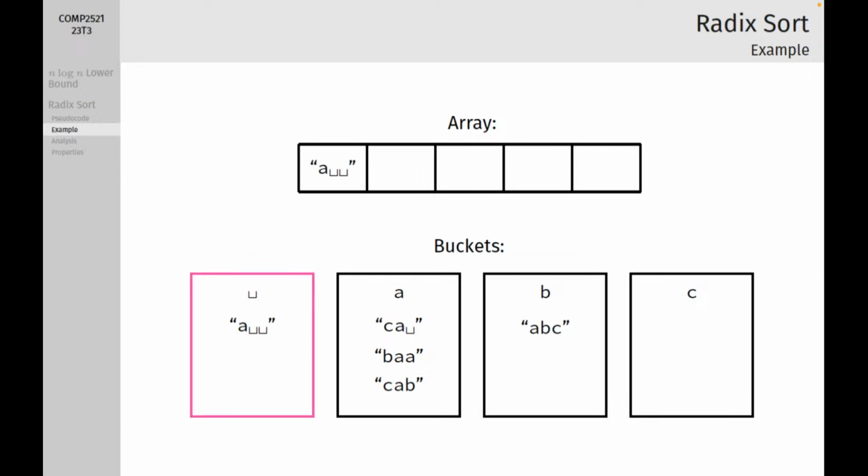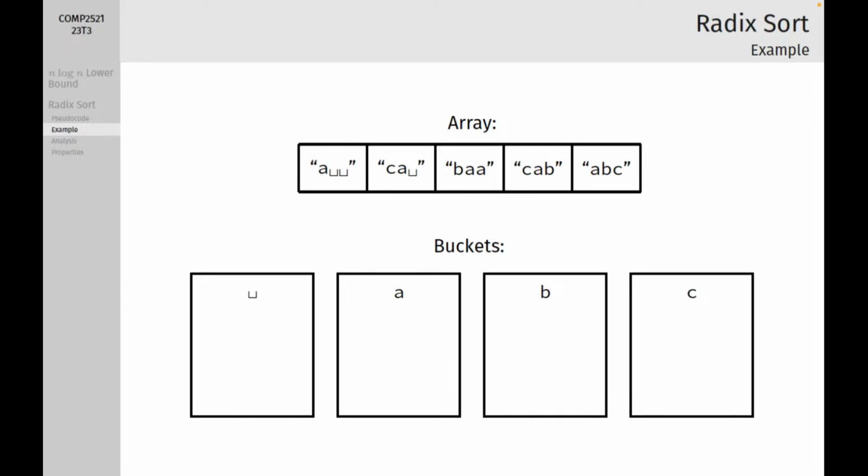So we store this, then for the A bucket we store these into the array in order, then for B we store this into the array. Now we've sorted by the second character, or the second symbol, and the C bucket is empty. So next, we want to sort by the first character.